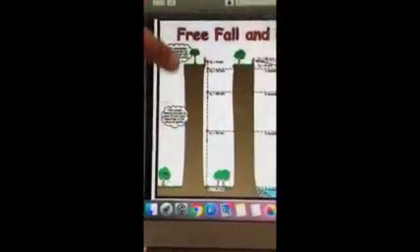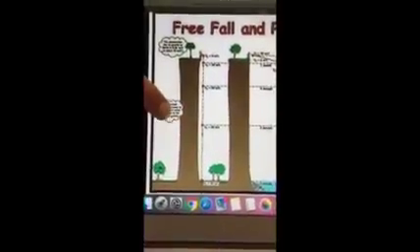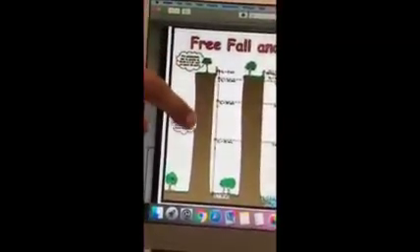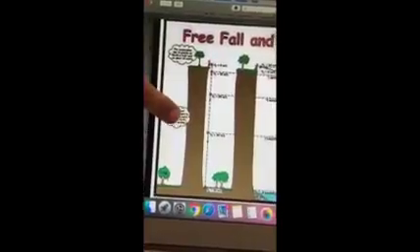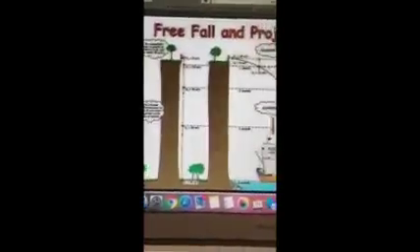As you can see in the y direction, the velocity is increasing in the downward direction, and acceleration is gravity, which is also negative 10 meters per second squared.